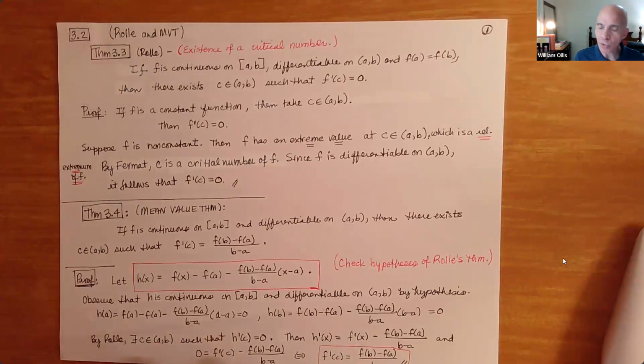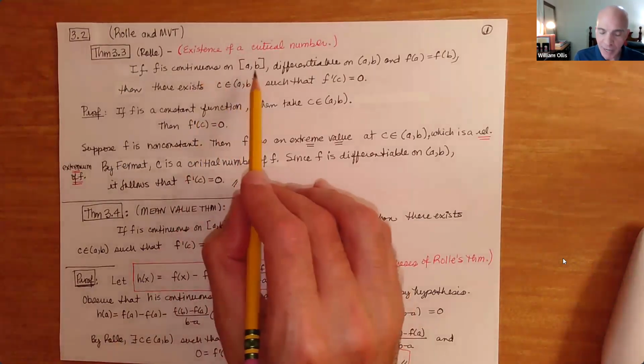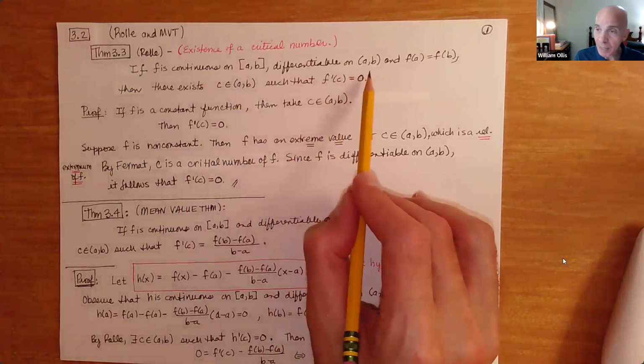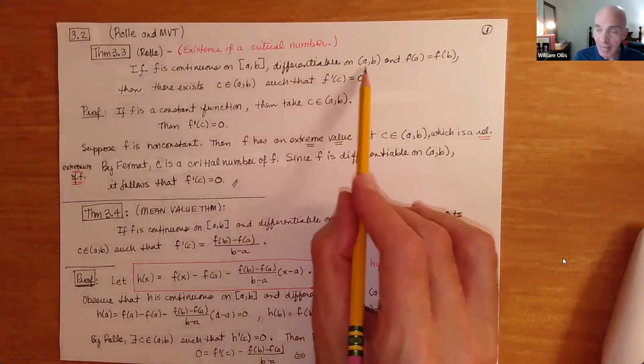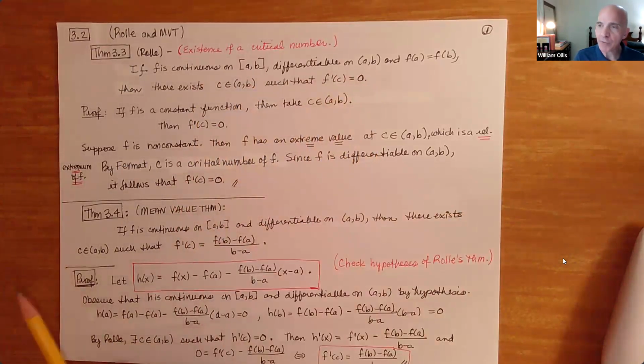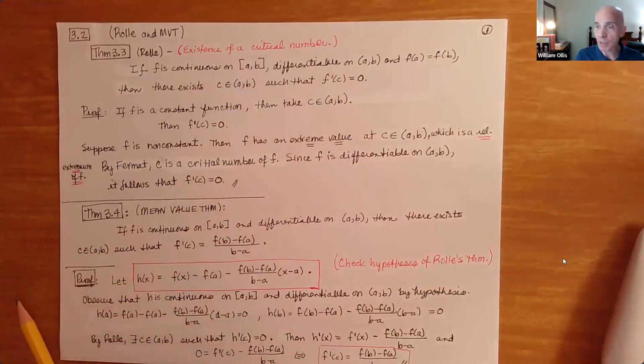But it is standard to write the hypotheses this way, so we will continue to do that. So again, continuity of f on the closed bounded set, differentiability is not required at the endpoint, so we just say (a, b), the open set, and the additional hypothesis is that f(a) equals f(b), okay?